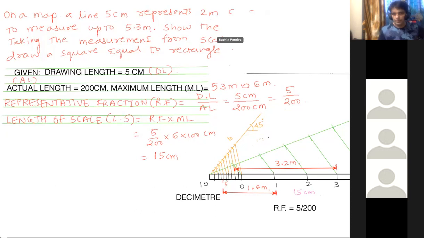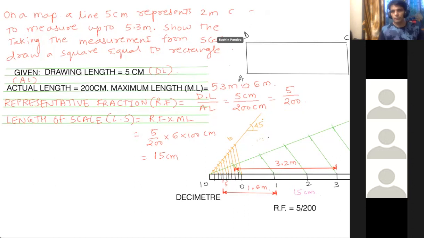Got it? Then I'll take 1.6, let's say this much. So this is how you will draw the rectangle first. This is A, this is B, this is C, this is D.